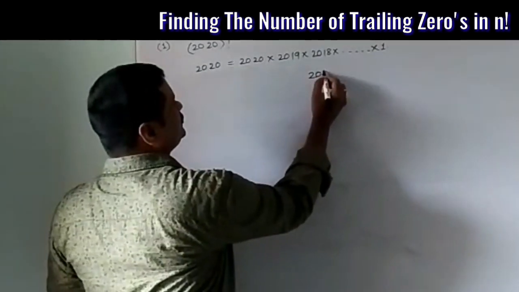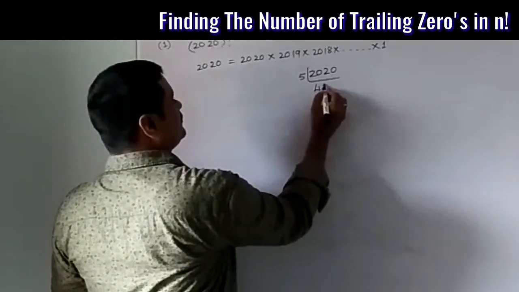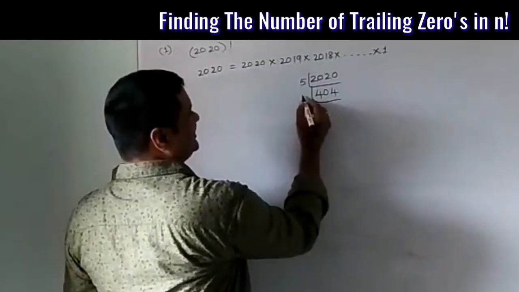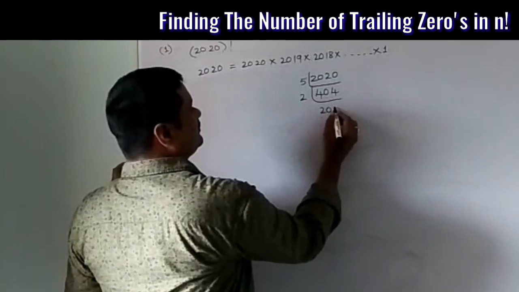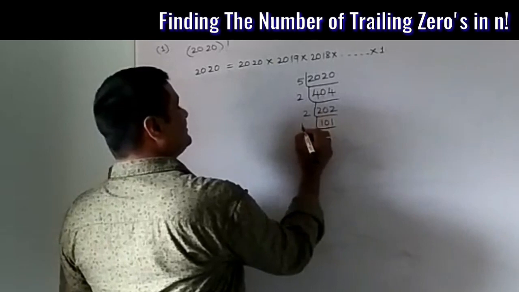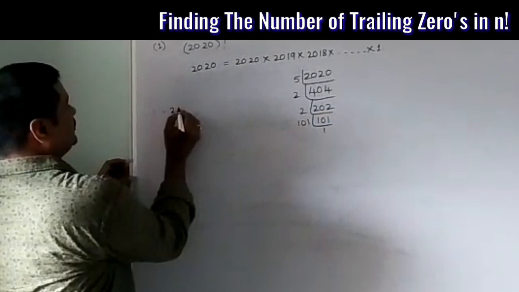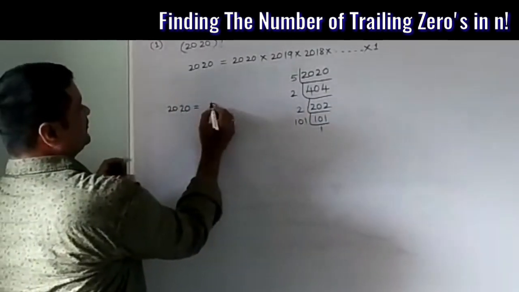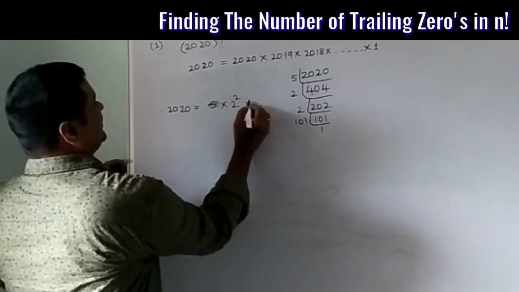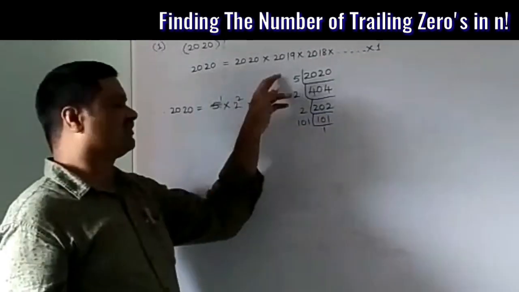In order to find the number of trailing zeros of 2020 factorial, let us go through the prime factorization of 2020. 2020 is 2 into 1010, 1010 is 2 into 505, 505 is 5 into 101, and 101 is a prime. Therefore, 2020 is 2 square into 5 into 101. Our relevant prime numbers are 2 and 5.